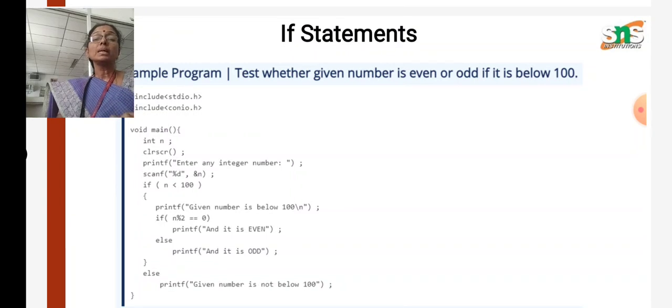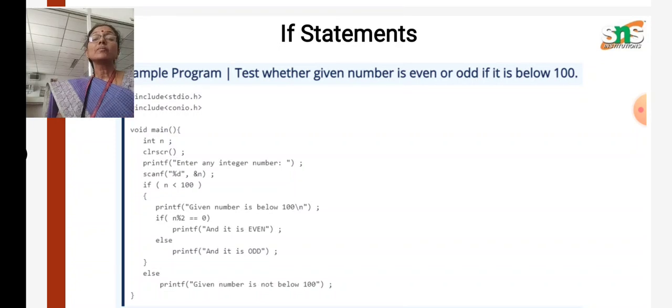In the inner if condition we take a number and check whether that number is odd or even. If that number is divisible by 2, the true part says the number is an even number. If it is not, the false part says the number is not even. So that is where the inner if is over.